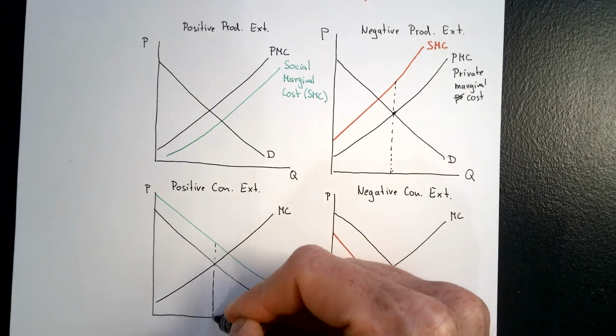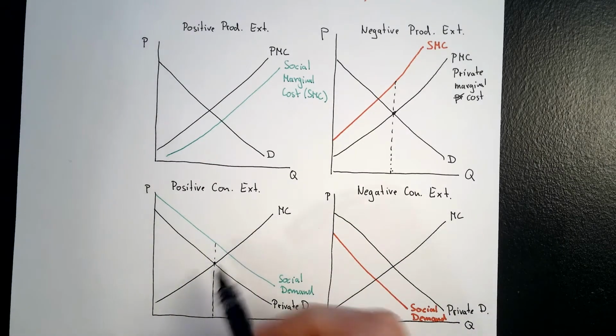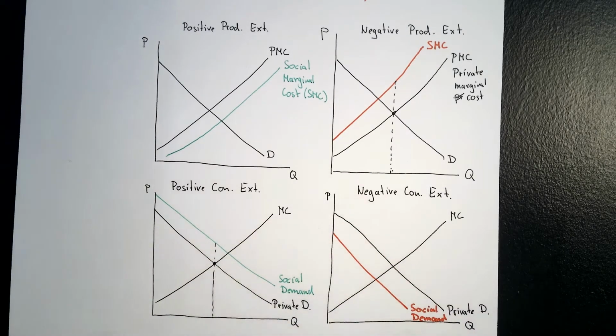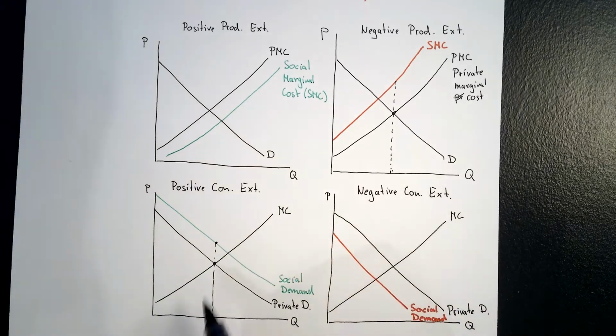If you imagine this to be rodent control, then the market equilibrium occurs where the marginal cost intersects the private demand, but people usually would like to have more rodent control. This is the social demand.